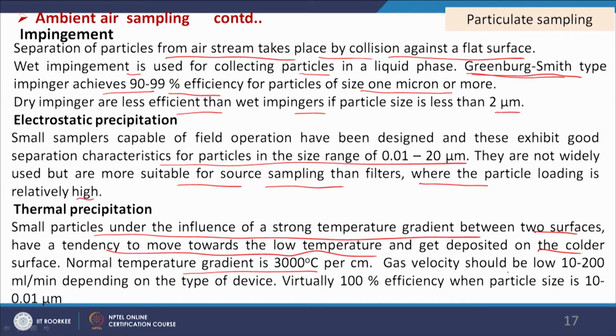So, gas velocity should be low, 10 to 200 ml per minute depending on the type of device, and virtually 100% efficiency when particle size is 10 to 0.1 micrometer. So, these are some technically available techniques, but not widely used in application.